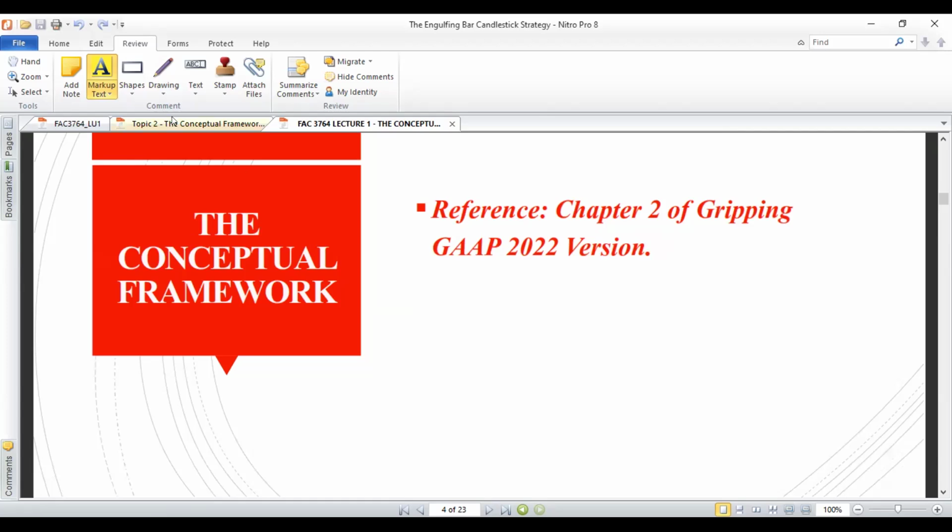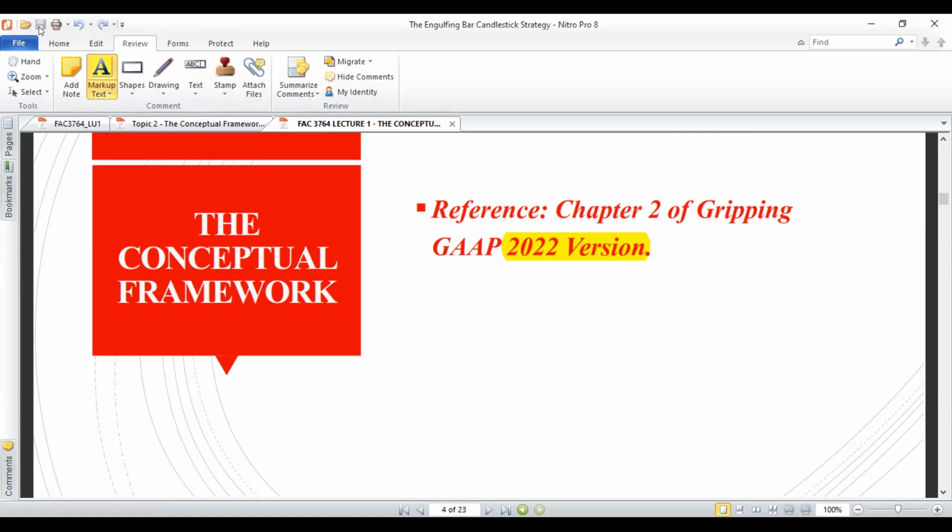Wonderful. So remember, I pointed out that this particular learning unit is part of chapter 2 of your Gripping GAAP. But remember, this is the 2022 version that I used to do my notes, and every year they post a new version. So currently there's a 2025 Gripping GAAP version.